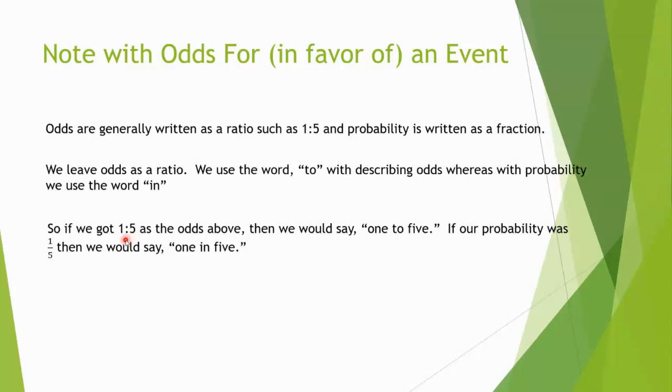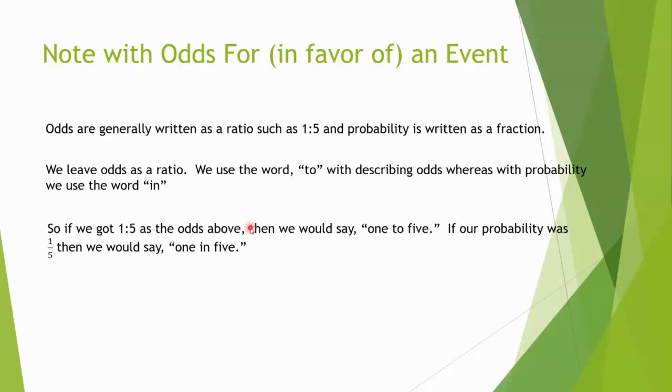So there's one way the event can occur, 5 ways the event cannot occur. So we would have 1 to 5. Probability, people usually say the word "in," like if we have this as our probability, 1 in 5. So there is terminology with odds and probability. All right, so again, with odds, 1 to 5, probability 1 in 5.